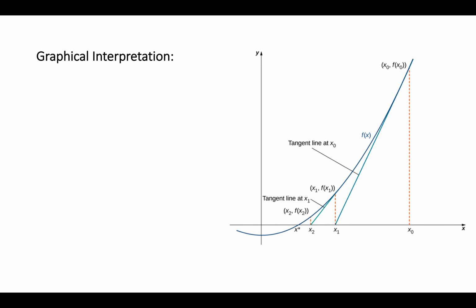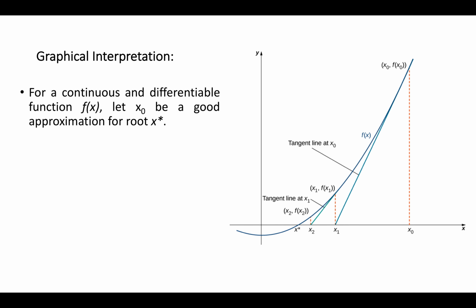So let us consider the graphical interpretation of this method. This method is valid for a continuous and differentiable function f(x), and let us consider that x0 is an initial good approximation close enough to the root x star. So we have a function, the blue line f(x), cutting the x-axis at x star.